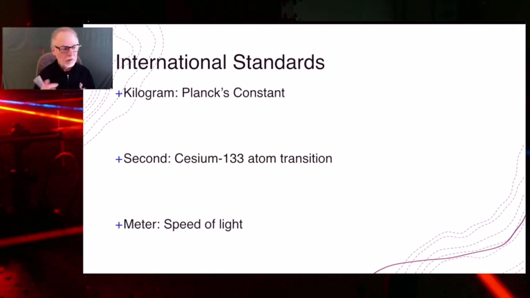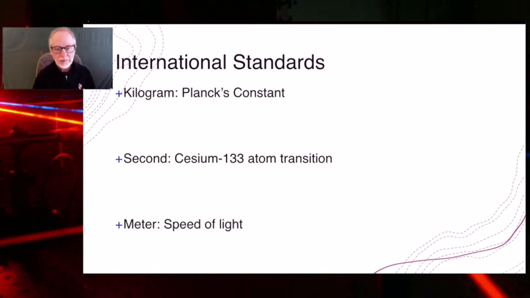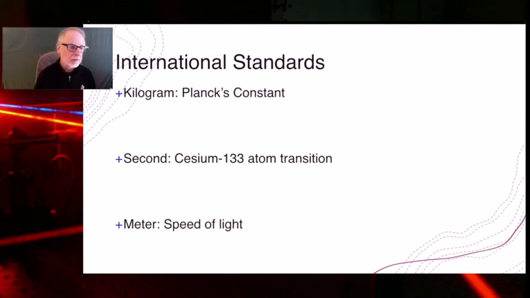No matter how careful you are, you will lose a little bit of mass on these objects, no matter how safely they're saved over time. And so we're now basing this on measurements that can be done very precisely, and the kilogram is based on Planck's constant.